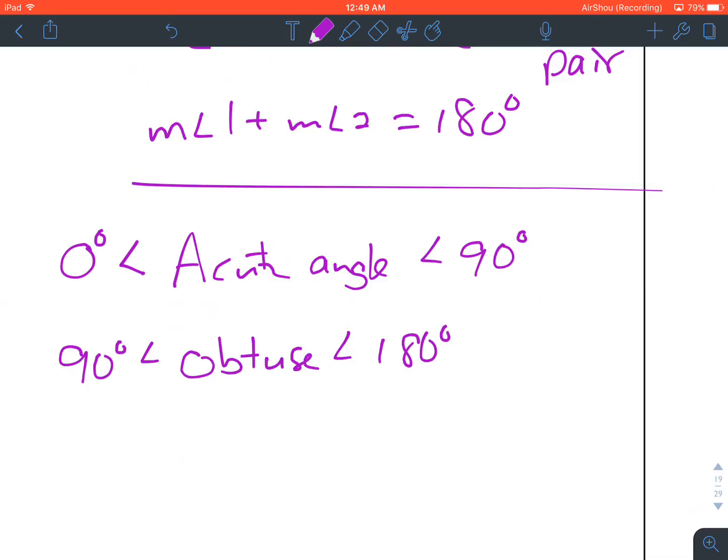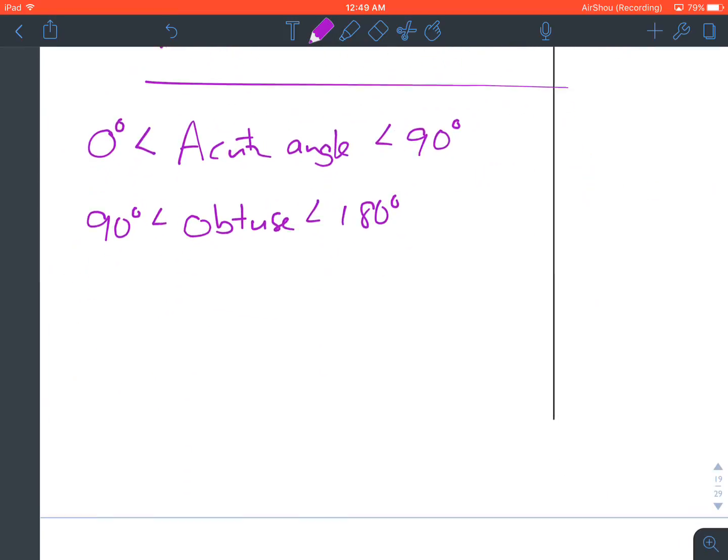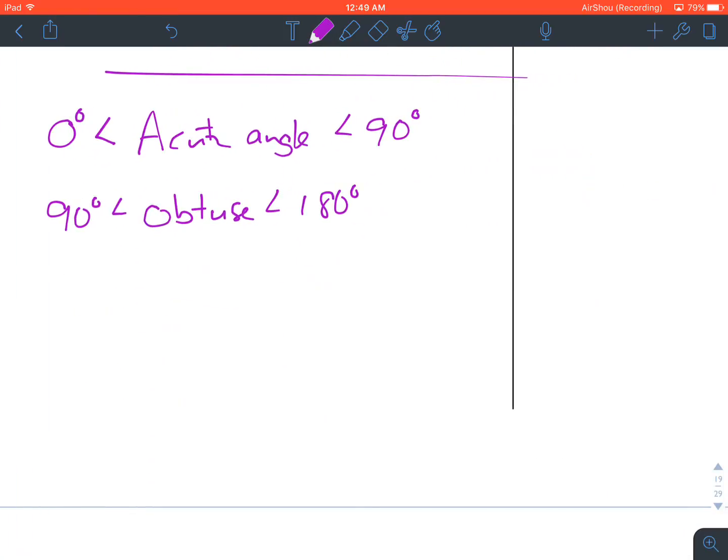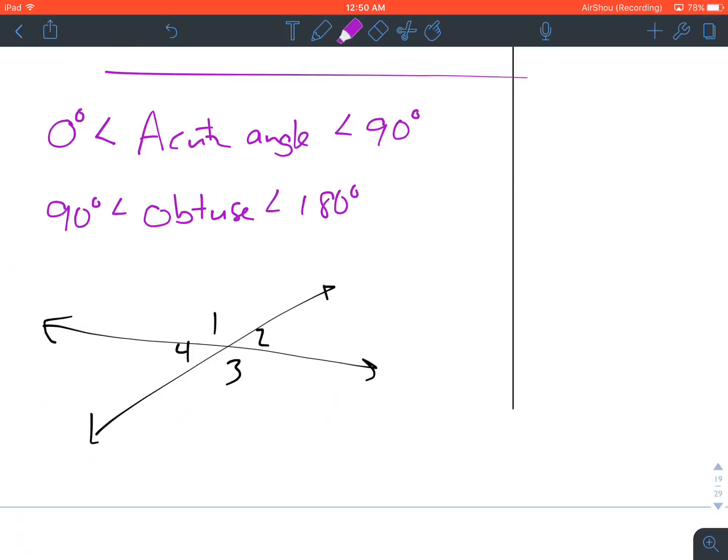Let's talk about vertical pairs, vertical angles. So if you have two lines that intersect each other, like so, it's going to make 4 angles. We talked about linear pair a second ago. Angles 1 and 2 are a linear pair. Angles 2 and 3 are a linear pair.